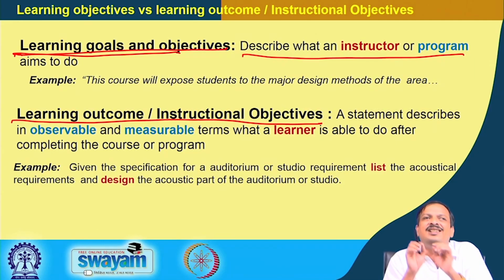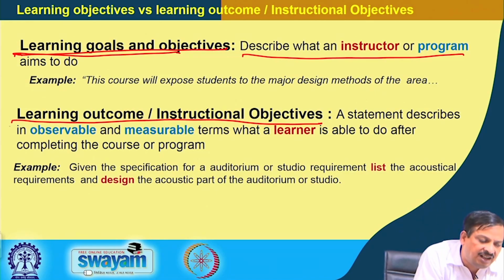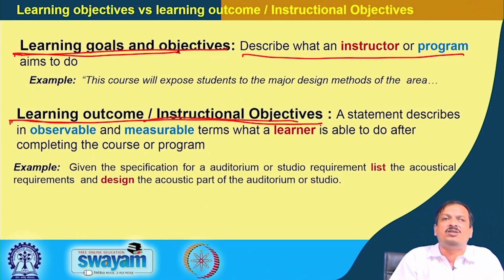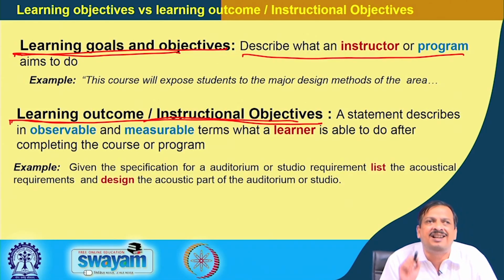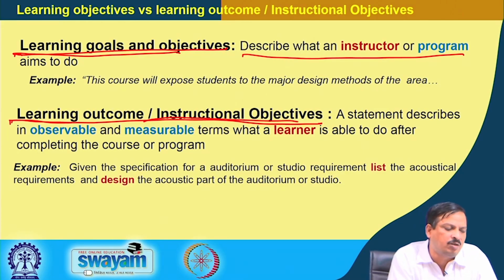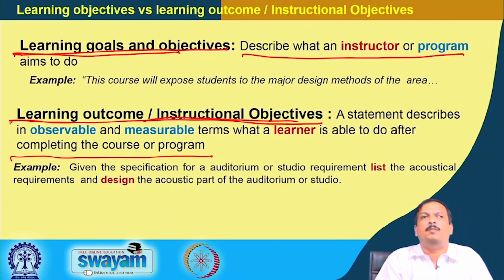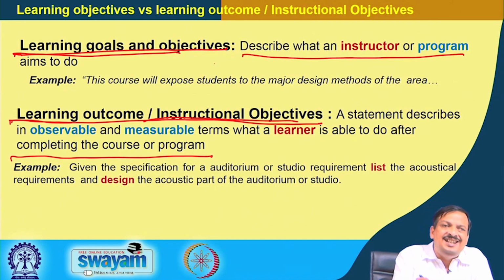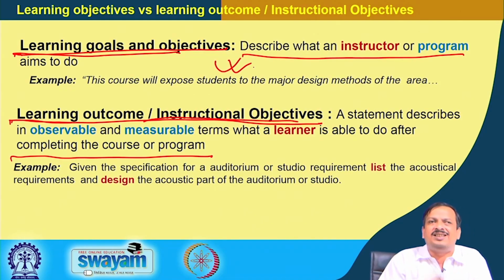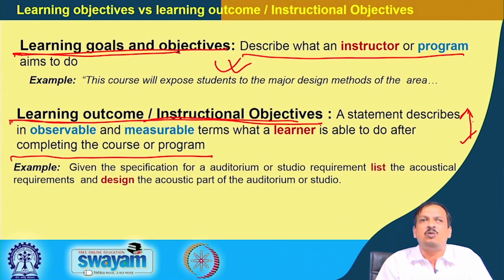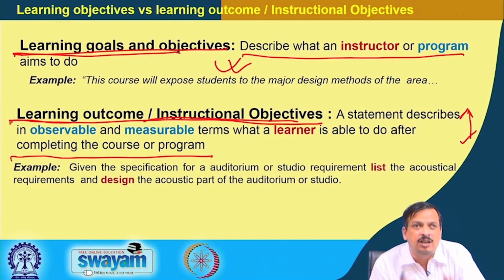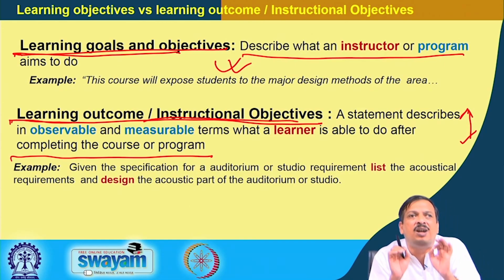It is not written on the basis of the instructional objective of the course. Now, when I write the learning outcome or instructional objective of the course, that is a statement described in observable and measurable terms of what a learner is able to do after completing the course or program. So, this is the instructor's or program's objective or goal, but this is the learner goal. That is why it is called an outcome. Learner goal means what a learner has to achieve.